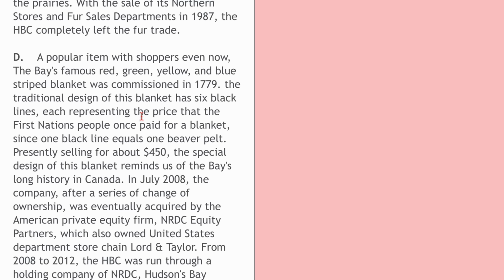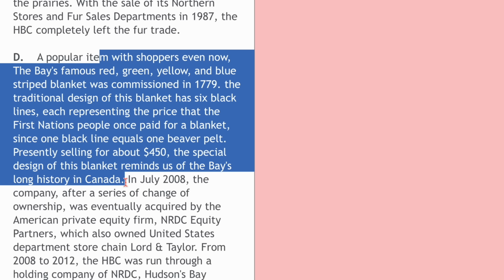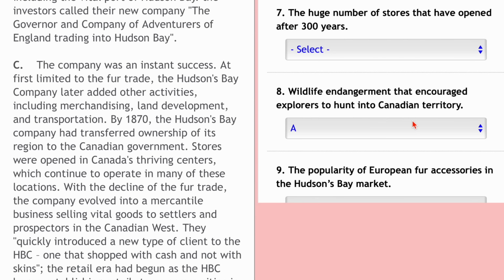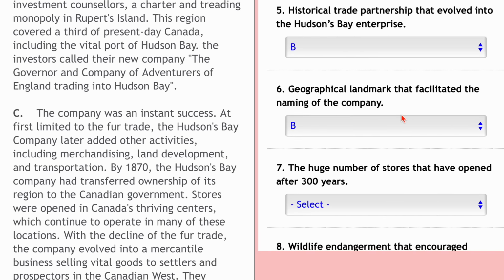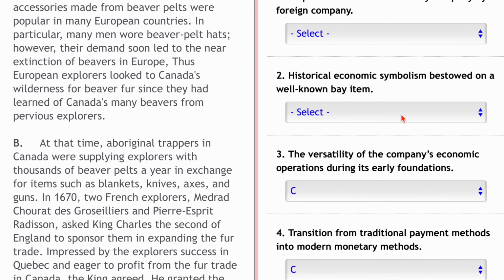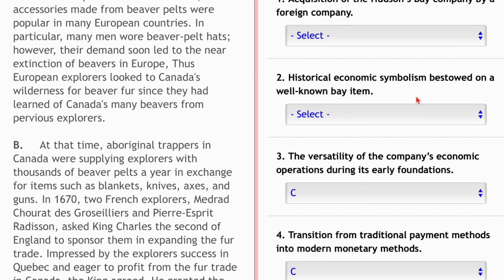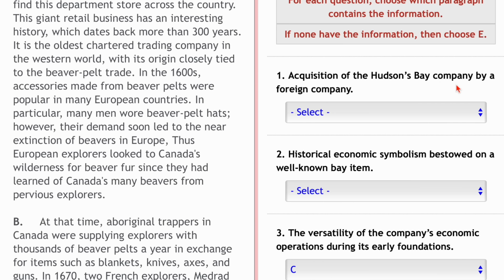Okay, very interesting. I think this part is telling us about how this blanket represents this history and this price that the Aboriginal people are paying. And I think that one connects with number of stores, historically when I was bestowed on, a well-known Bay item, and acquisition.